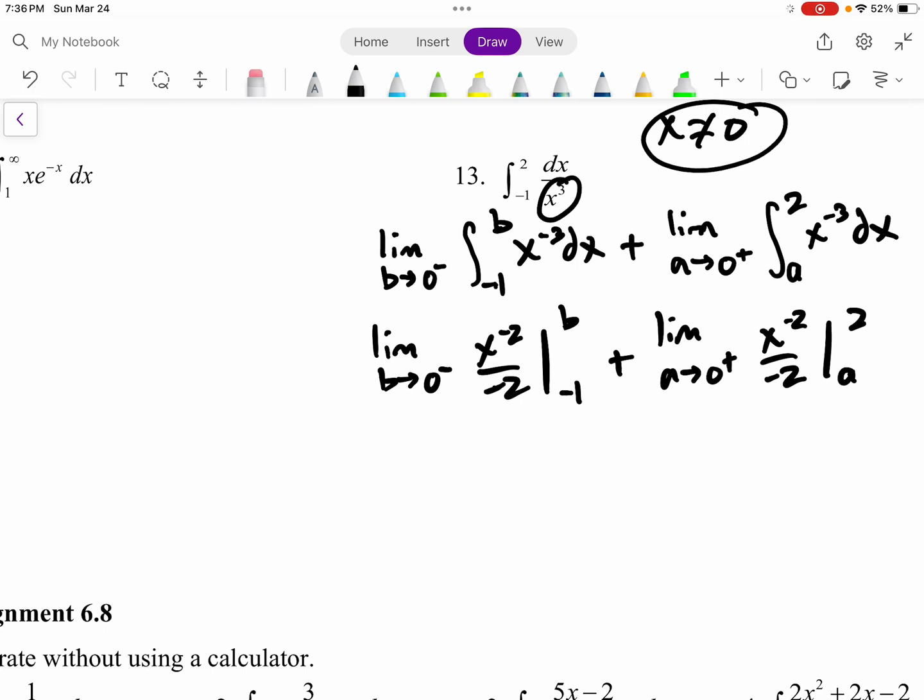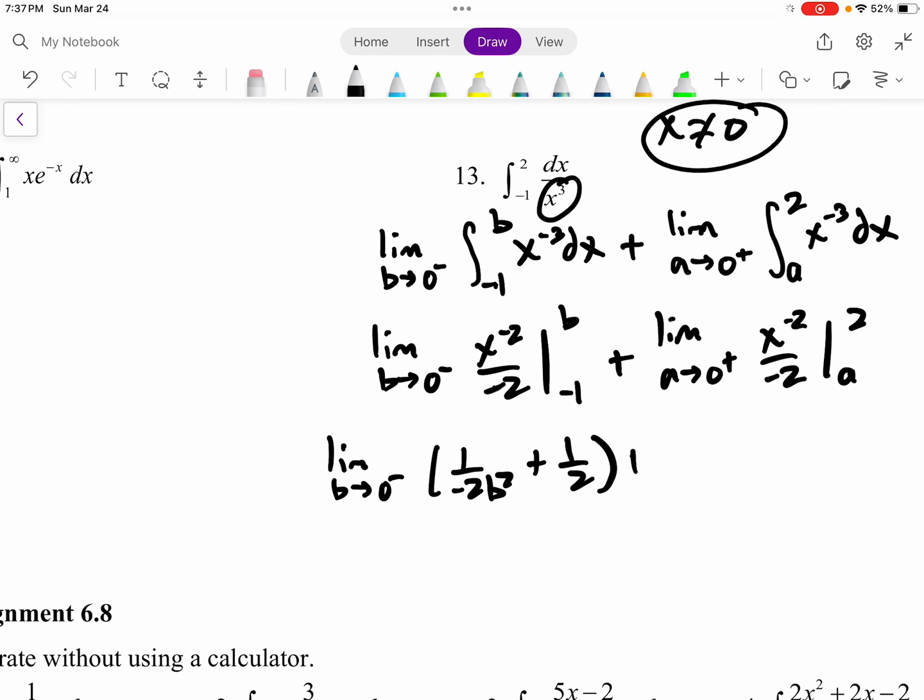So we end up with the limit as b approaches 0 from the negative side of 1 over -2b squared, plus, plugging in -1, minus a -1/2, or plus a half.